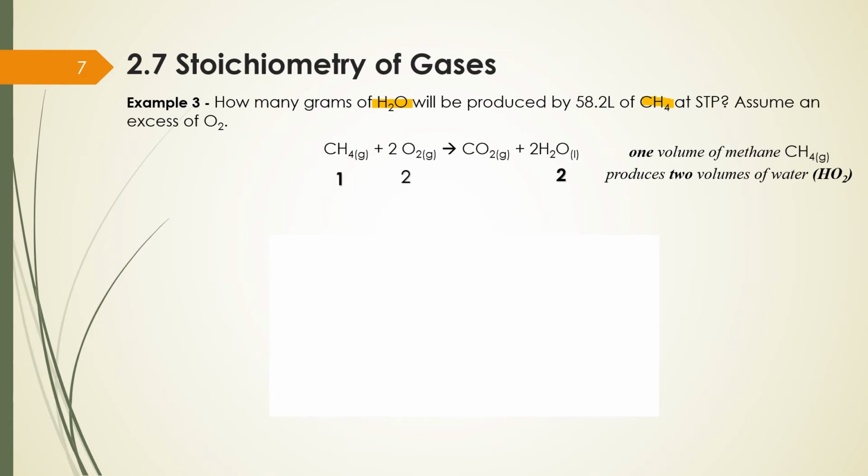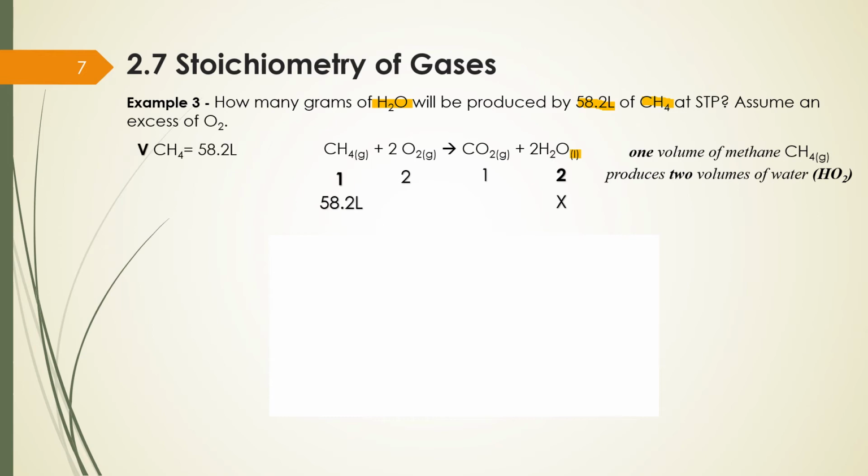And I also know 2 volumes of O2 and 1 volume of CO2, but I don't need them because it's not asking me now, okay? And which information was given? It was given 58.2 liters of CH4 and wants me to calculate the grams of water, not volume, okay? Grams. And also water is liquid, so you cannot use directly the ratio because it's not gas.